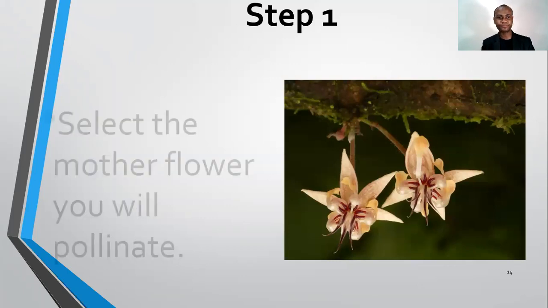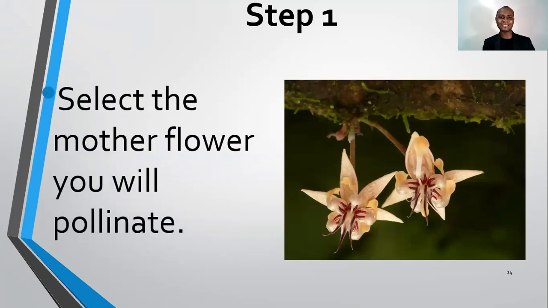Step one. You have to select a mother flower you want to pollinate. Which means you can divide your farm into blocks.